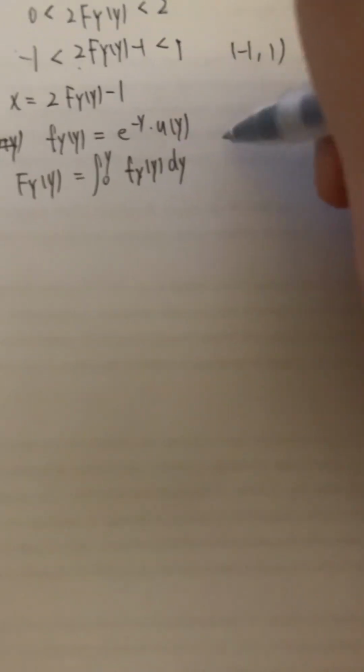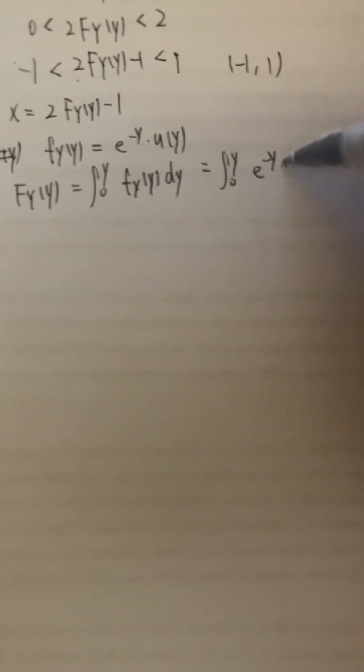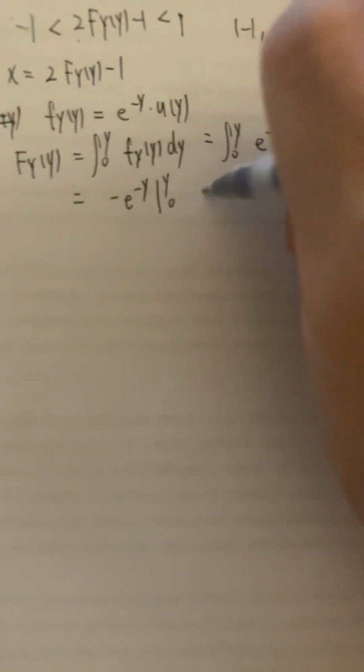the distribution function of y is equal to the integral from 0 to y of the density function f_y dy. So this is equal to the integral from 0 to y of e to the power -y dy, and this is equal to negative e to the power -y from 0 to y, which is equal to 1 minus e to the power -y.